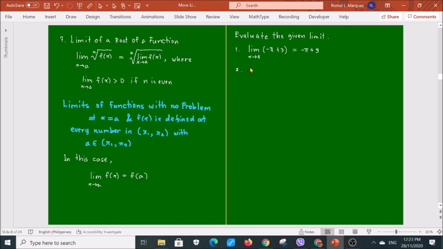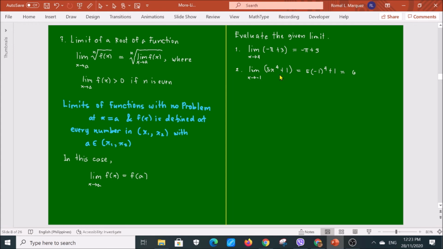Number 2. Limit as x approaches negative 1 of, for instance, 5x to the 4th plus 1. No need to split. I can just have it 5 times negative 1 raised to 4 plus 1. It's just like evaluating a function.